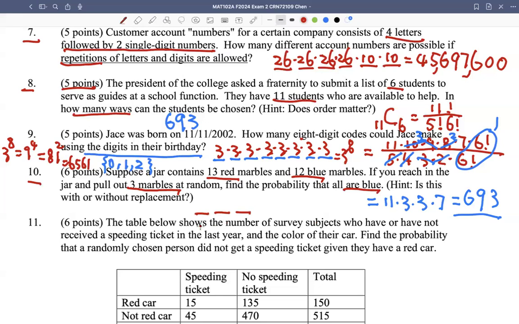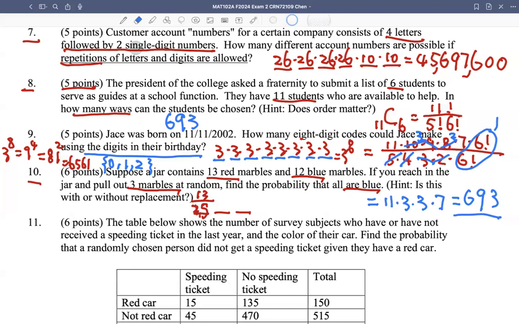What is the probability of getting the first marble to be blue? How many blues do I have? 12 blue out of how many in total? 12 plus 13, 25 of them.